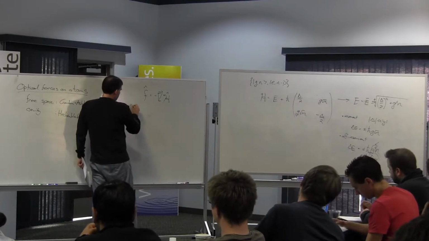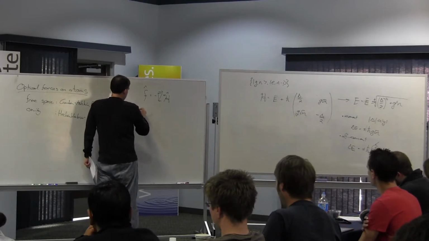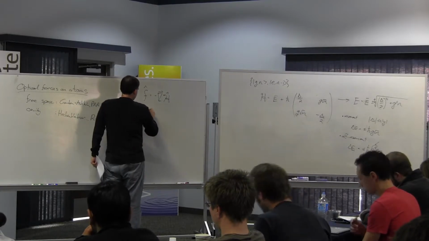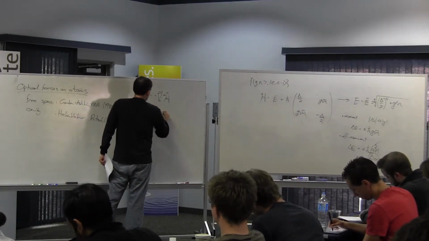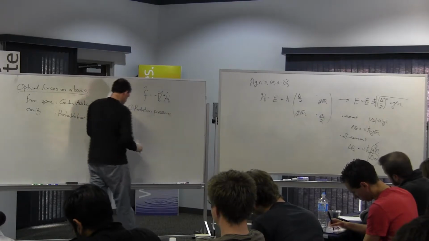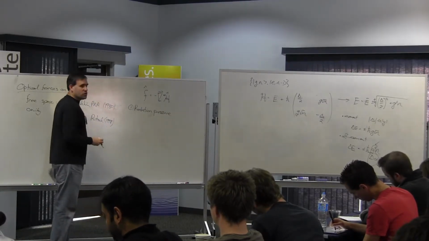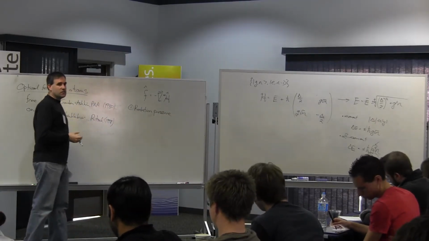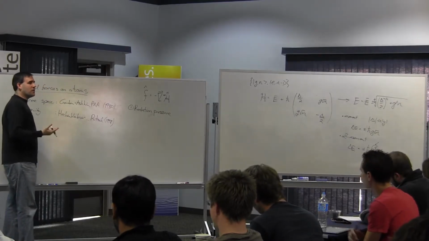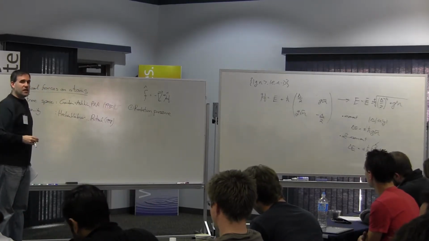The forces on the atoms have two forms. There's one which you would call radiation pressure. This is proportional to the photon scattering rate by the atom. It depends on the probability of the atom being in its excited state and then emitting photons.